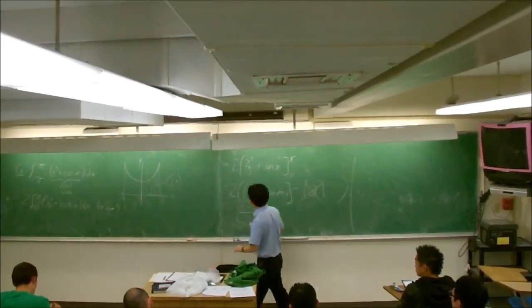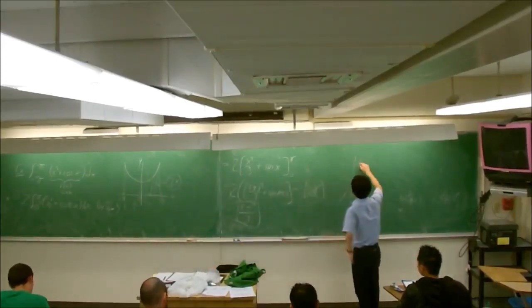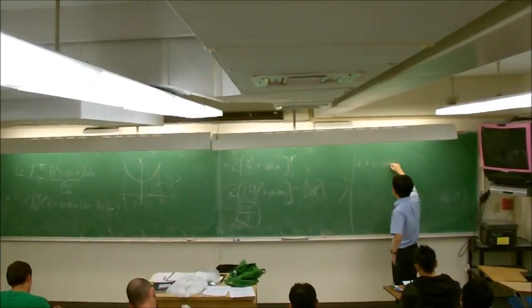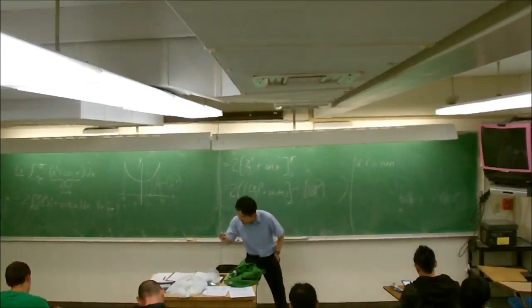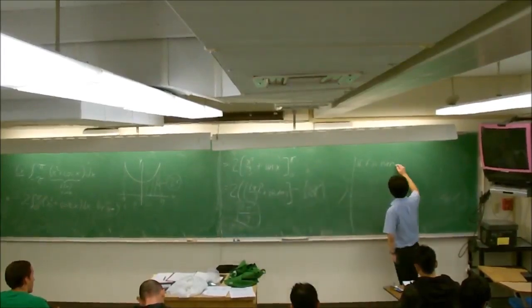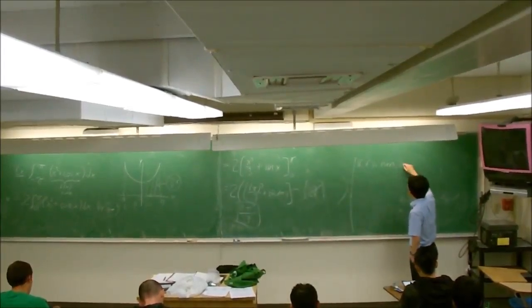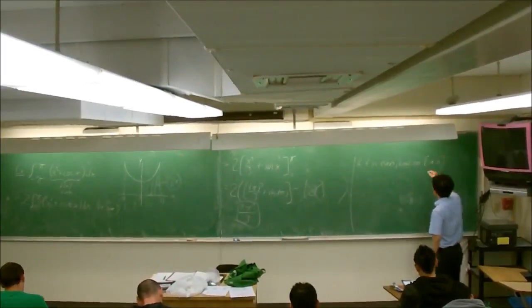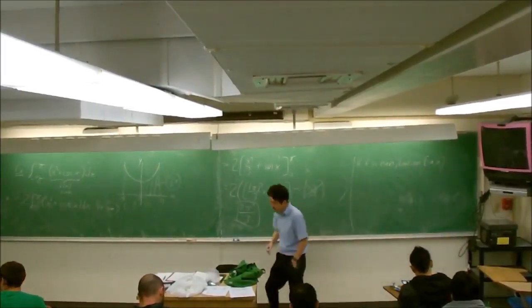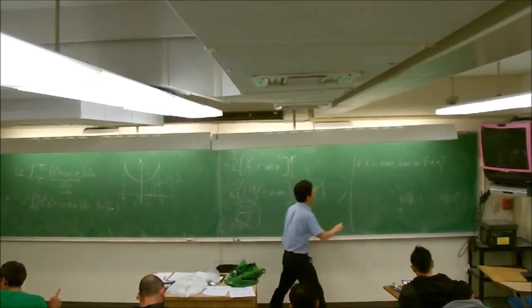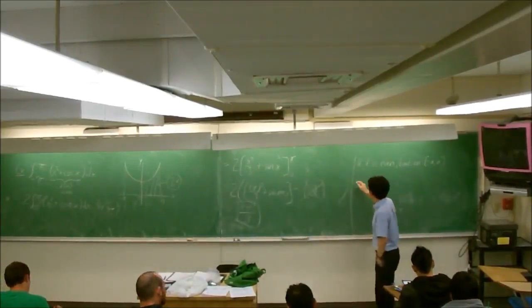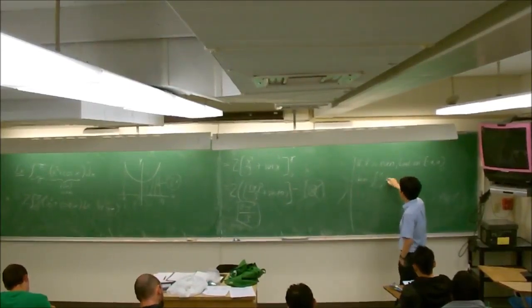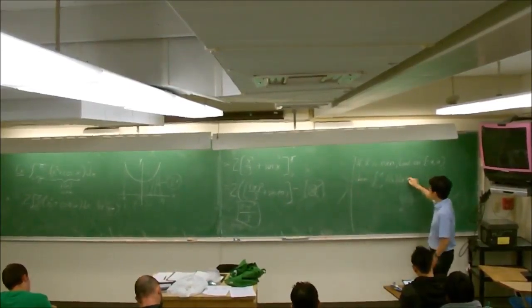In general, how can the even property help you? If f is even, again, we're always assuming continuity. If f is even and continuous on the closed interval from opposite of a to a, of course, I'm assuming a is positive, then the integral from opposite of a to a of f of x dx, how can this be rewritten?